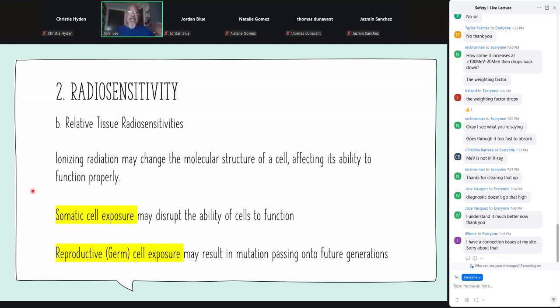They could die. It could also start cataractogenesis and cause other biologic effects to occur. In reproductive cells, those effects and damage won't be visible in the exposed body. They will come later in future generations.